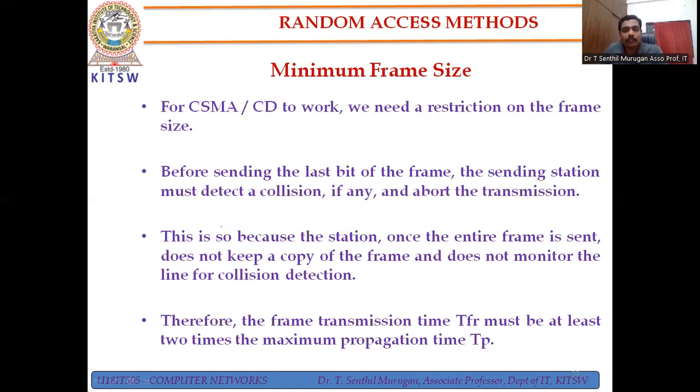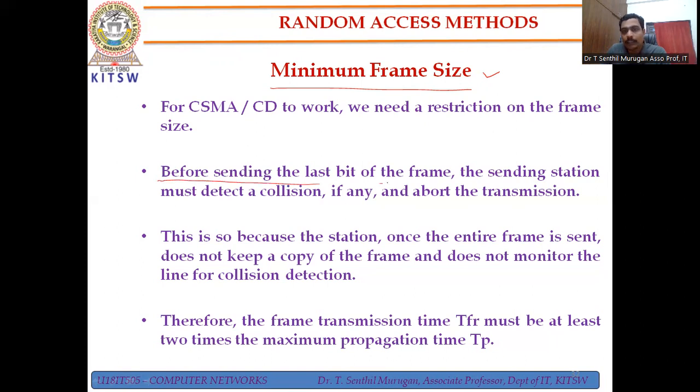So how do we identify or solve that problem? For CSMA/CD to work, we need a restriction on the frame size, a minimum frame size. This is the first option we have to choose for avoiding or detecting the collision.